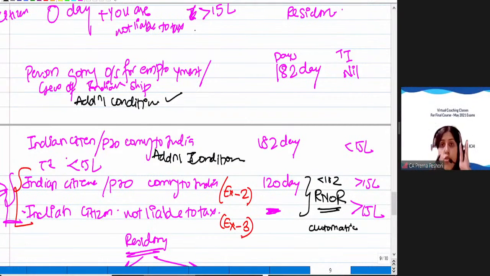So it is not very clear. The act itself is very ambiguous. I'll explain again exception 3. Ria, I hope it's cleared. I'll explain again the entire residential status part.